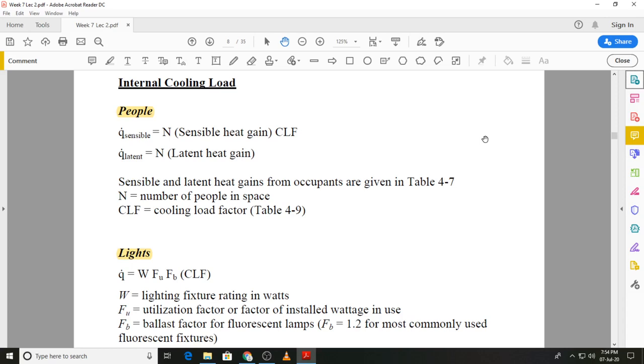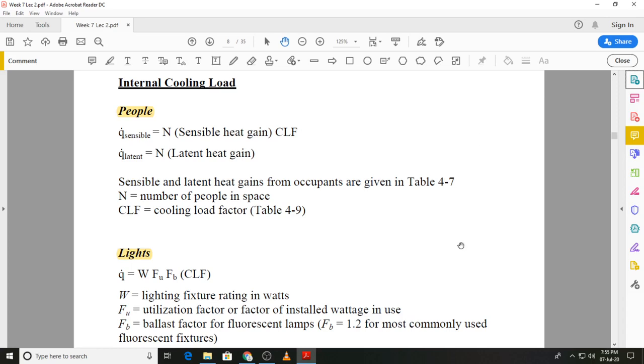And if it's a sensible heat gain, we also have to multiply it by the cooling load factor, because people are also emitting thermal radiation, and that has to be accounted for by using a CLF. The latent heat gain per person is directly multiplied by the number of persons in the conditioned space, and the total load due to occupancy will be the sum of the sensible and latent heat gains.